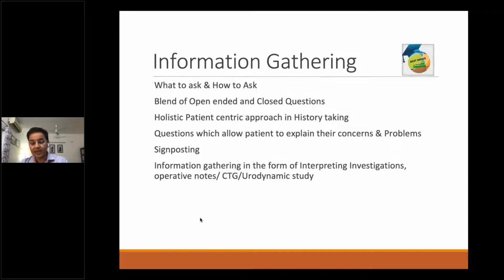And as a competent ST5, you are expected to elicit information from the actor by using a blend of mainly open-ended questions and some closed questions. As an undergraduate, we teach our students to use a standard template which has a long list of questions so as to cover the entire obstetrics or gynecological scenarios.